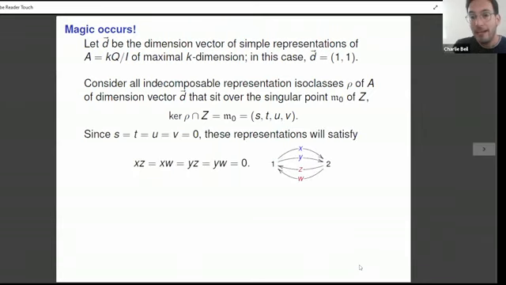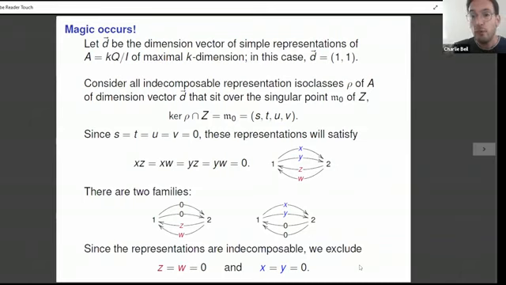Because at this maximal ideal M naught, we have S, T, U, and V all equal to 0, these representations must satisfy that XZ, XW, YZ, and YW are all equal to 0, if we label the arrows by the variables corresponding to each arrow.